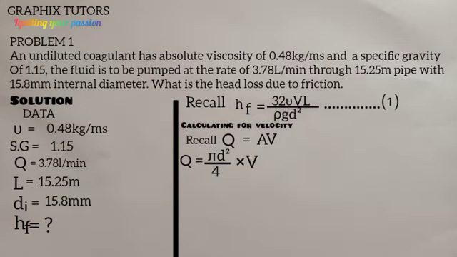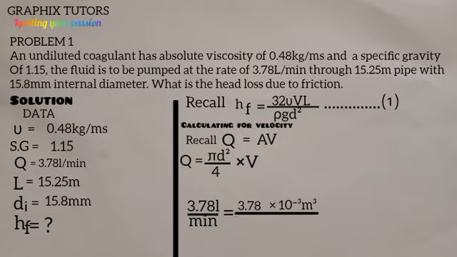So you need to convert liters per minute into cubic meters per second. 3.78 liters per minute: 1 liter is 10 to the power minus 3 cubic meters, and 1 minute is 60 seconds, so over 60 seconds.